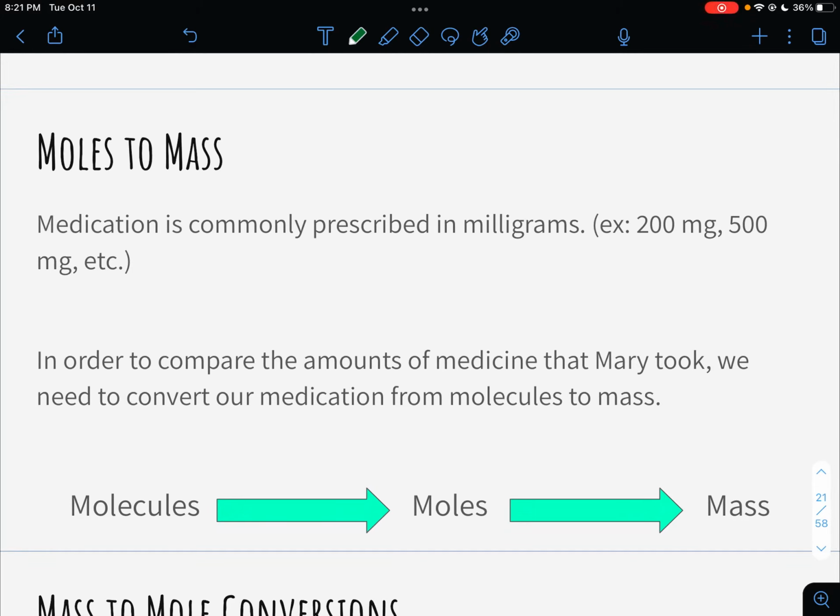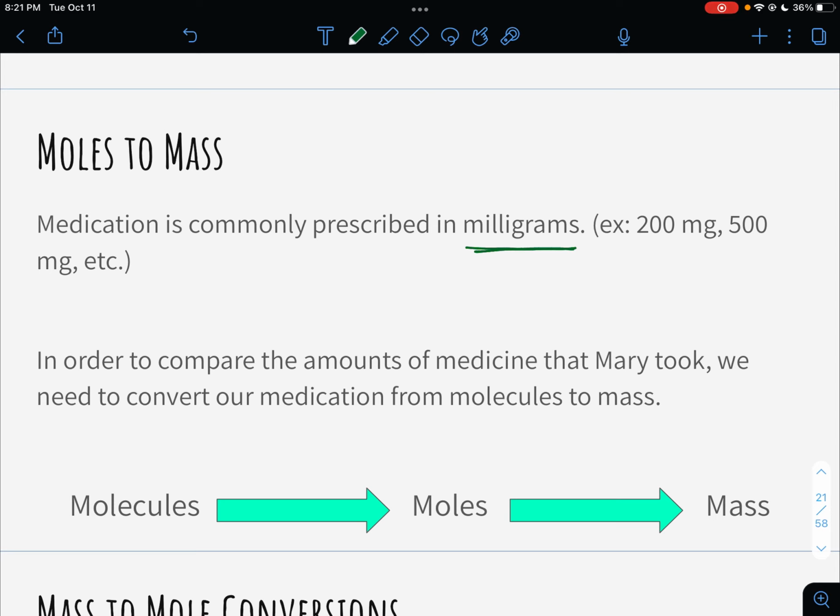The second part of this case file is going to require us to do a few other calculations. Medication is commonly prescribed in milligrams, which is different from what we've been looking at so far, which has been moles or molecules.